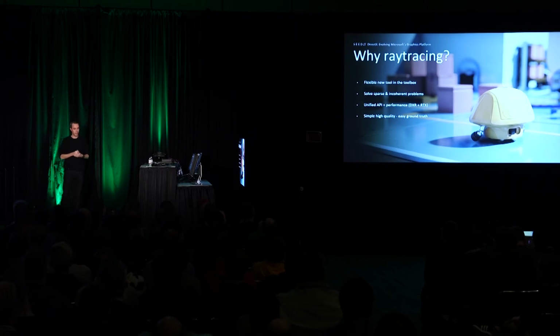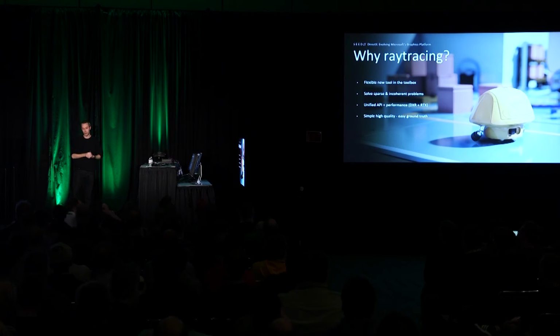We were a bit curious about other types of APIs or ray tracing frameworks like OptiX and other things before, or building something ourselves, but it's kind of complex when you have to interoperate with tons of different solutions there. So that's the DXR unified API there, and also all the work NVIDIA's done on RTX and this ray tracing core to implement that efficiently. And simply, ray tracing gives us very high quality visuals and a very easy way of getting to ground truth visuals as well for reference.